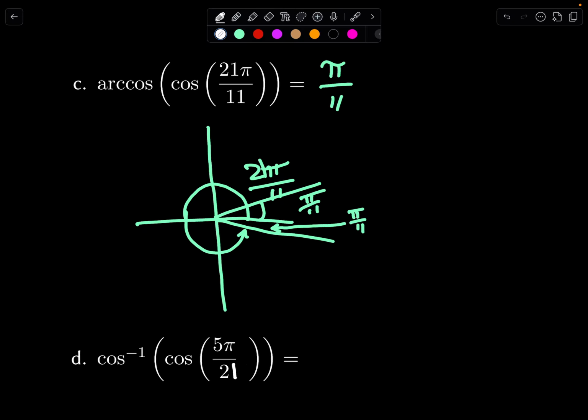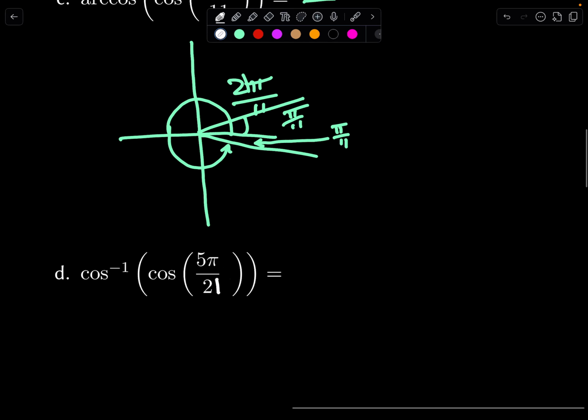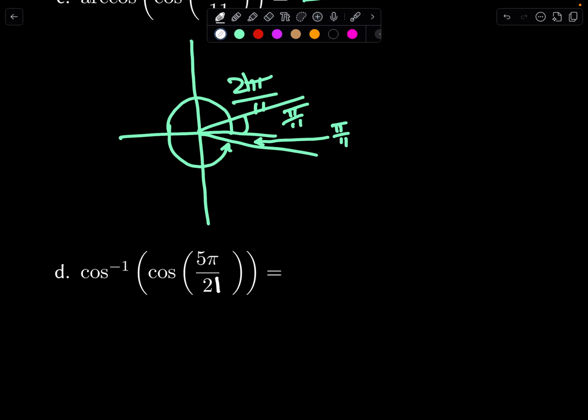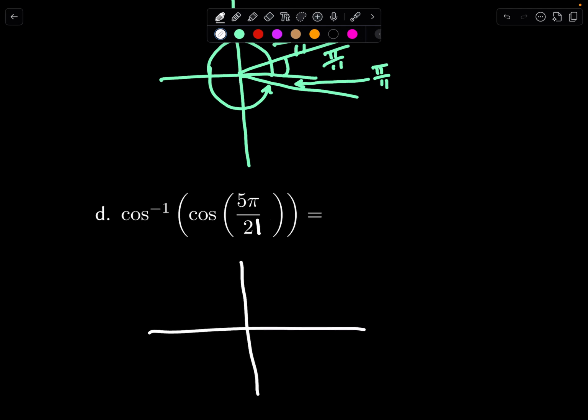That's not very interesting, though, now that I look at it. But we'll do it. So first step is to draw that angle, 5 pi over 21. So that's actually a pretty small angle. And so since you're already in the right area, that's going to be your answer.